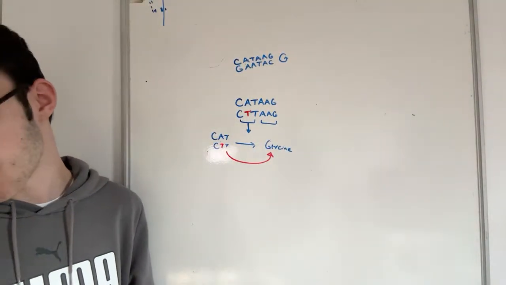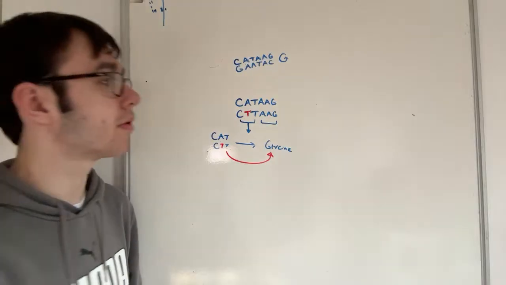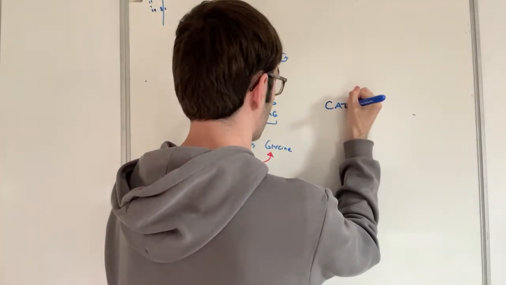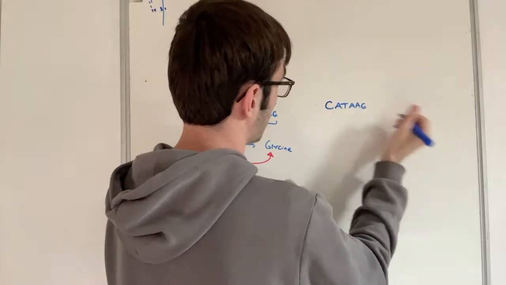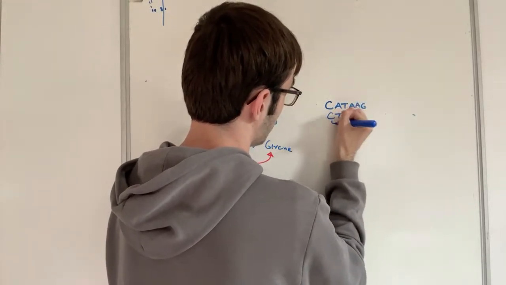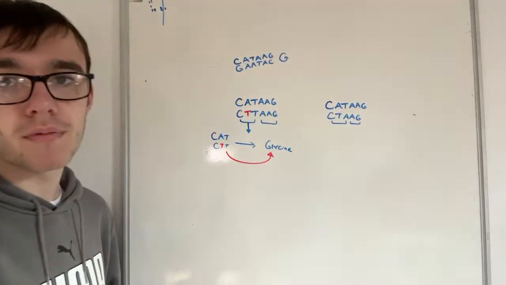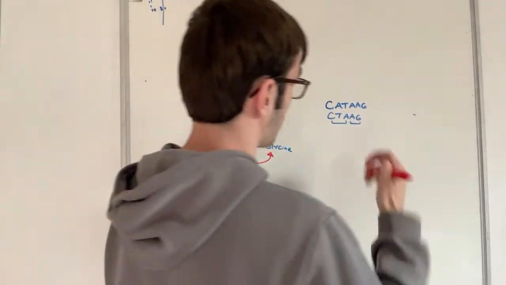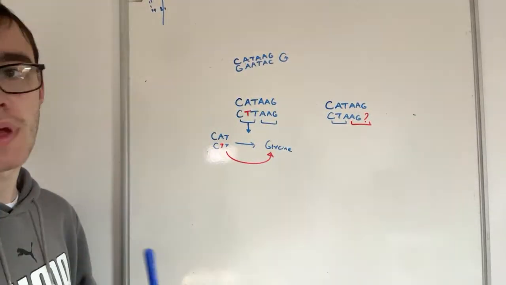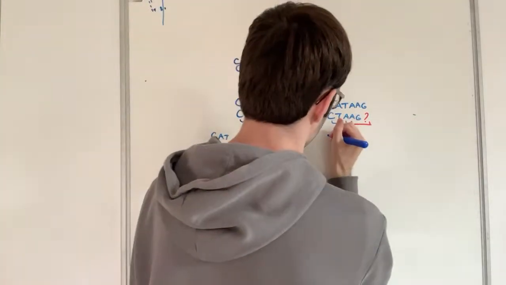Let's go over the others though. A deletion will result in a frame shift. Yes, it will. CATAAG. If we remove the A, you see that we are now missing a codon. Same with addition.